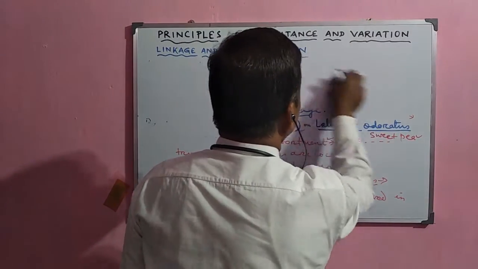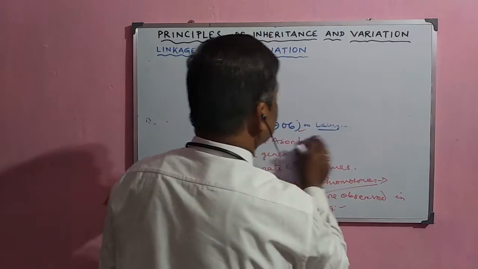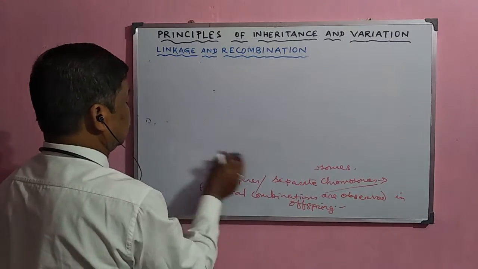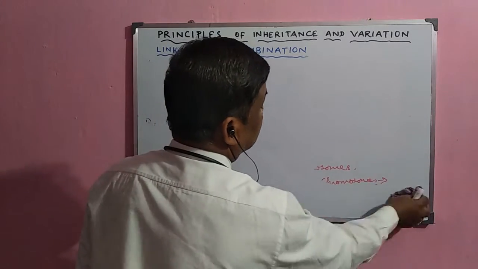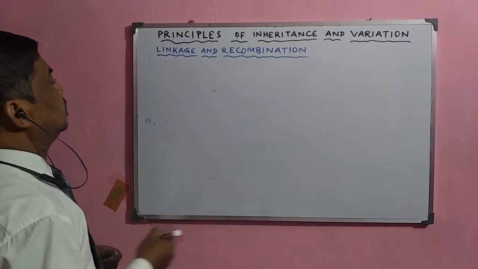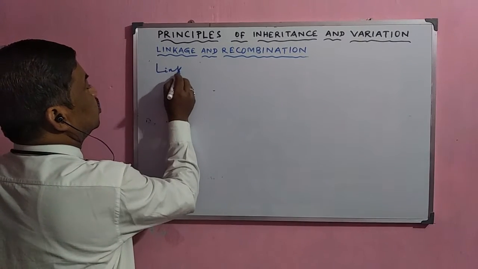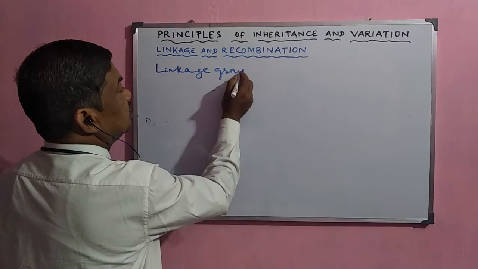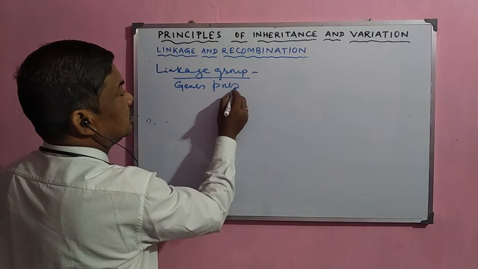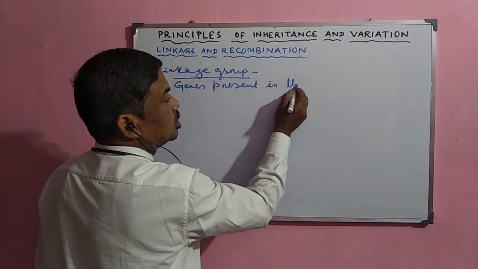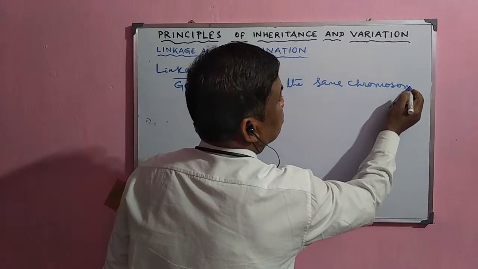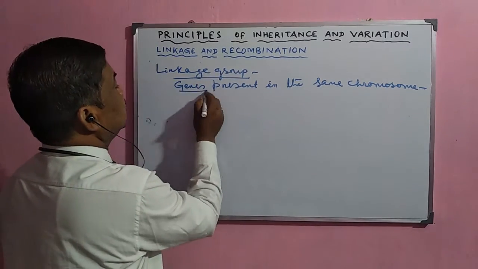That is why the genes present in the same chromosome are considered to be one linkage group. The number of linkage groups corresponds to the number of haploid chromosomes. So what is a linkage group? The genes present in the same chromosome are called a linkage group.